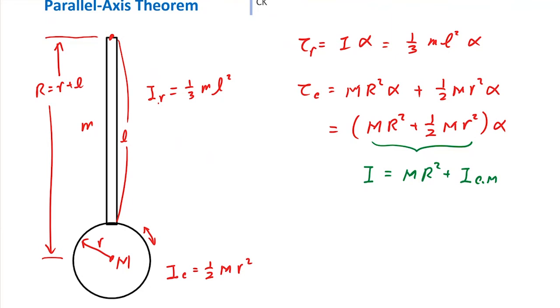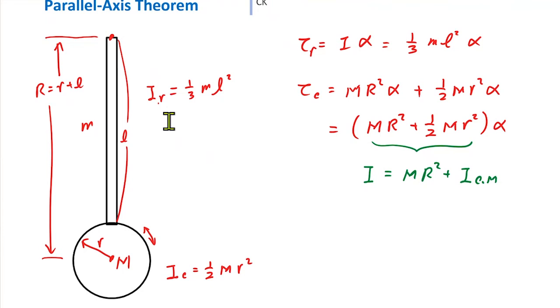Questions? You're not inspiring too much confidence right now, so did I go too fast? And then the total moment of inertia is, of course, all of this plus that. Good, and then you substitute this thing in.